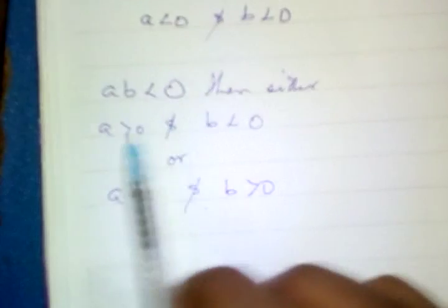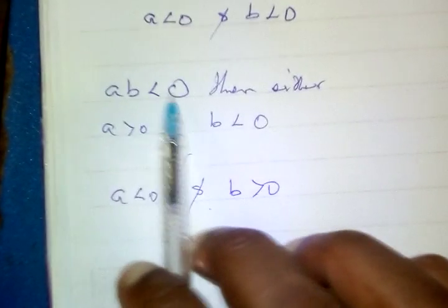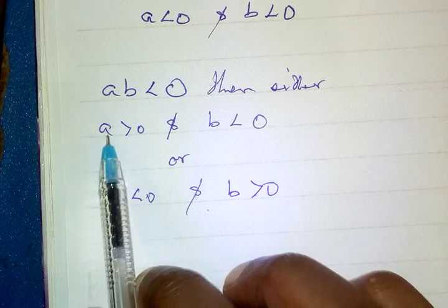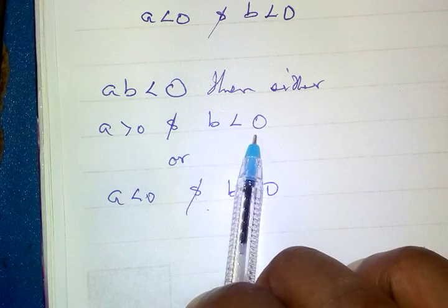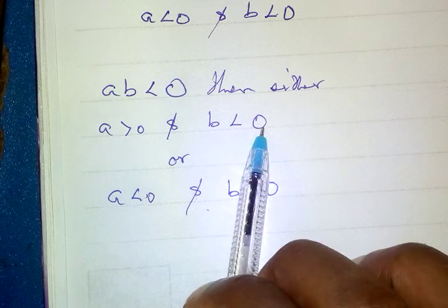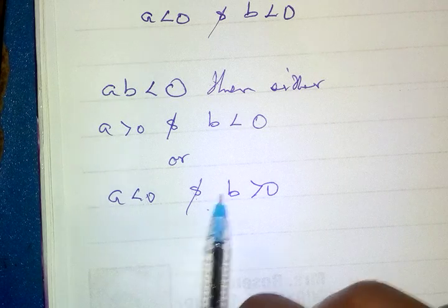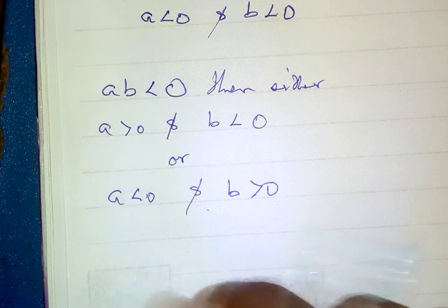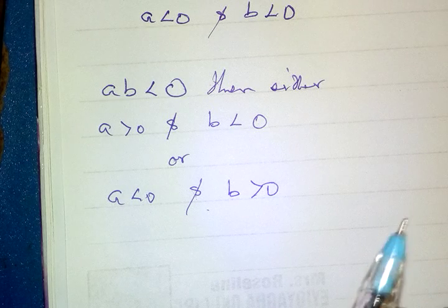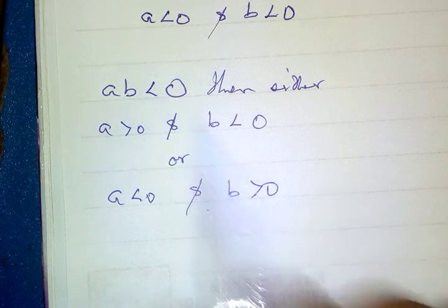That means for the product of a and b to be less than 0, that is negative, it's either a is positive and b is negative, that is, a is greater than 0 and b is less than 0, or a is less than 0 and b is greater than 0. That is, whenever you multiply a positive and a negative number, you always have a negative number, which is a number less than 0. Is that clear?